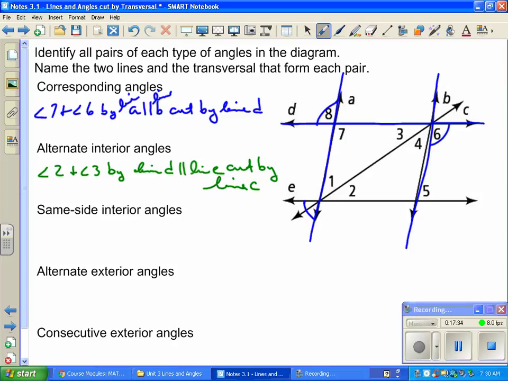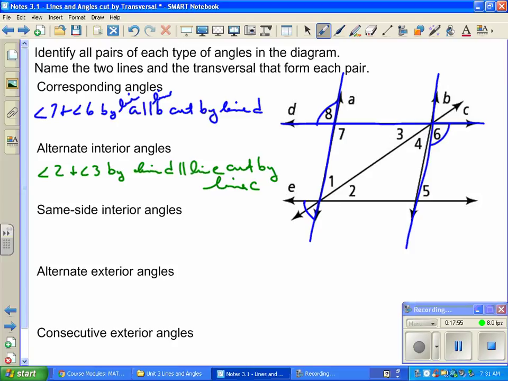And then for consecutive exterior angles, you would have to have two angles on the outside on the same side of the transversal.